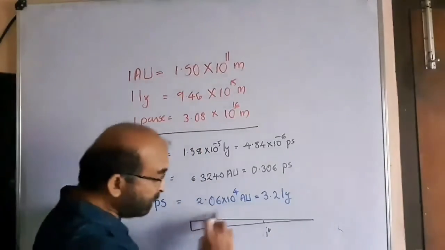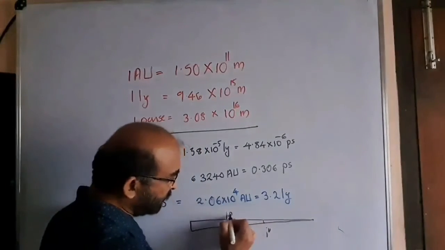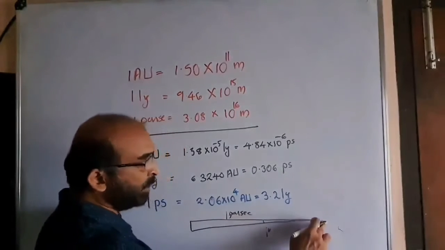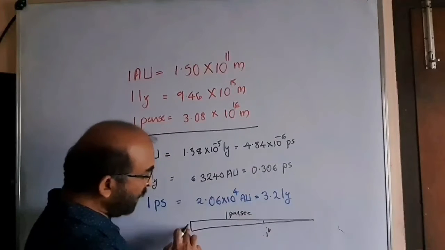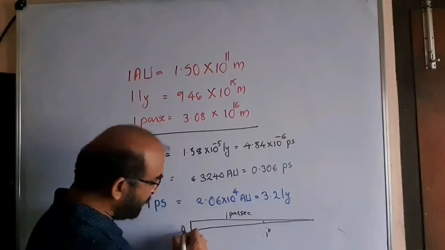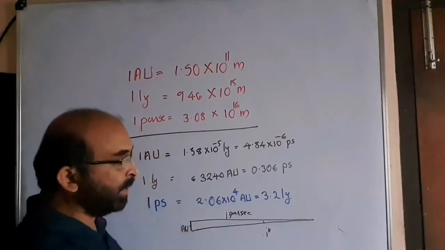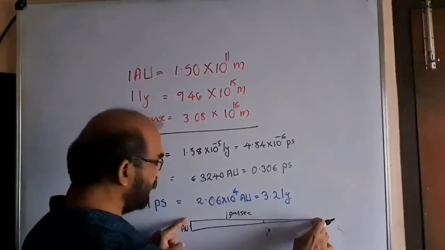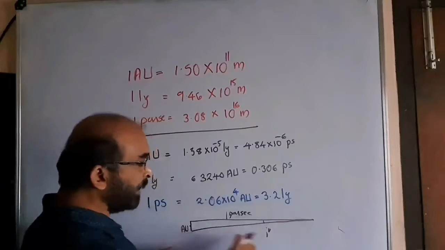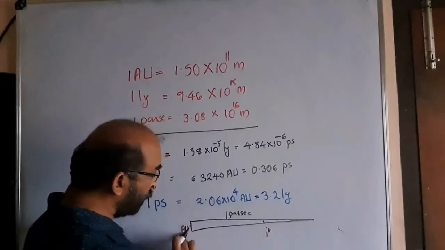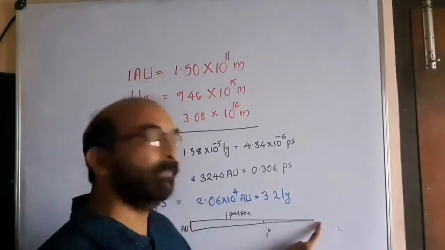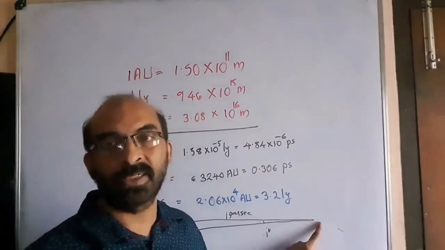It is that much distance which one astronomical unit can subtend at a point. So that much distance which brings an angle of 1 second for one astronomical unit length is 1 parsec. So they are related like that.